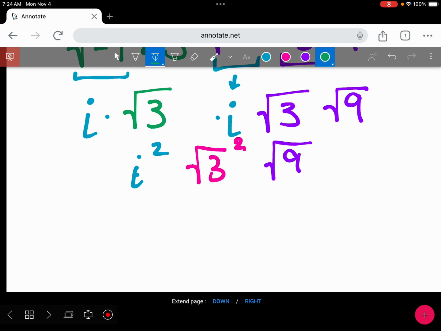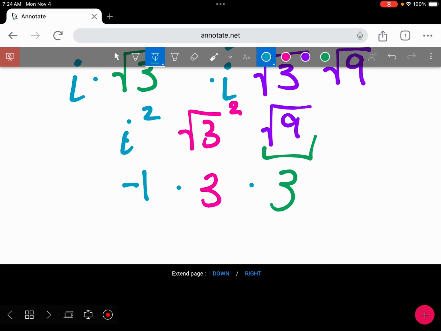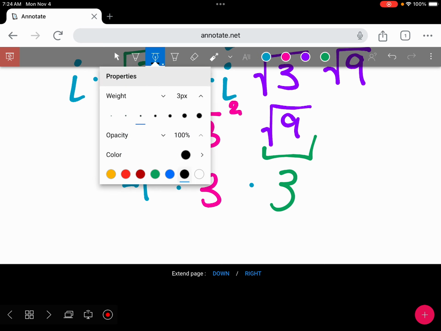So what is our square root of 9? 3. What is the square root of 3 squared? 3. And what is i squared? -1. So what do we wind up with here? -9. -9 as an answer.